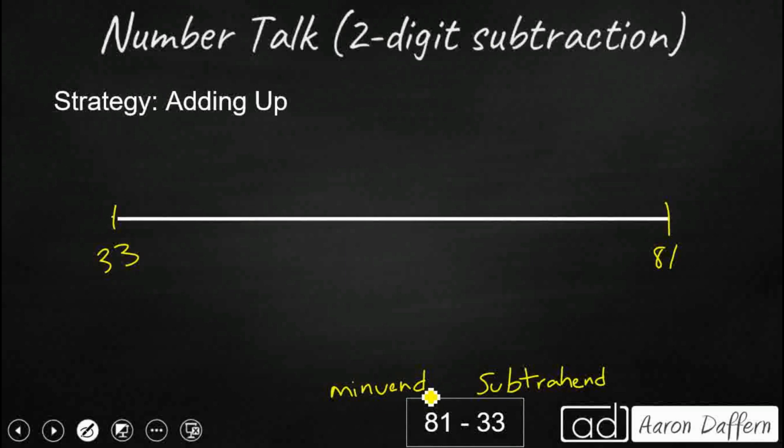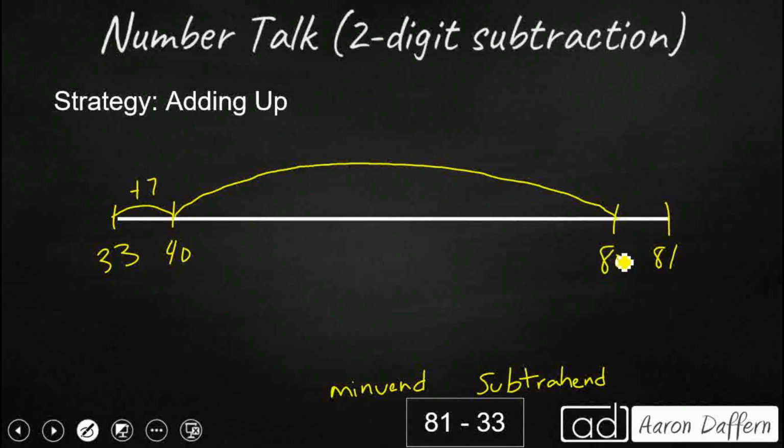So let's start with our subtrahend. We're just going to take a jump, and we want to get to the next 10. So the next 10 is going to be 40. And we got to think, all right, that's a plus 7. Now we want to make a big jump from our 40 all the way up to the 10 closest to 81 without going over. Big jump. So that's 80. I can go from 40 to 80 without going over 81.